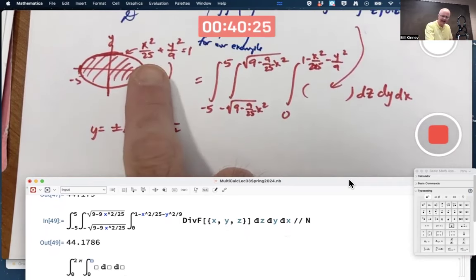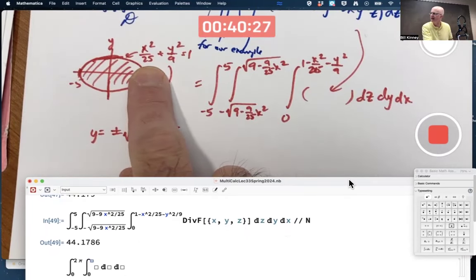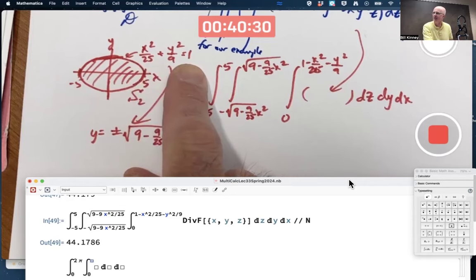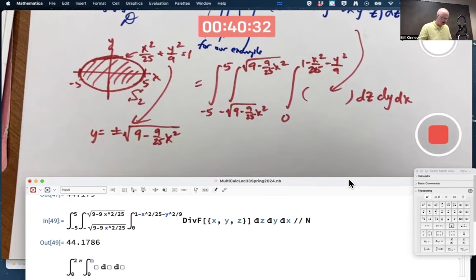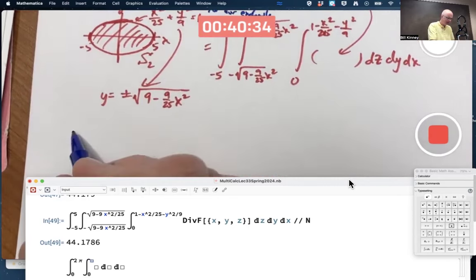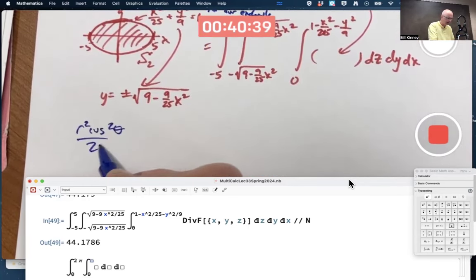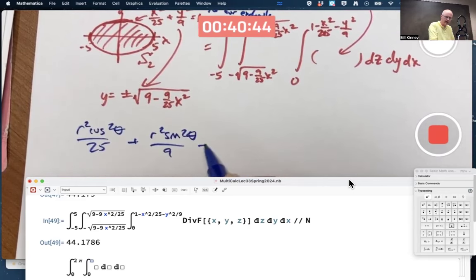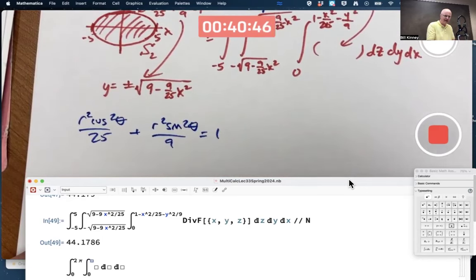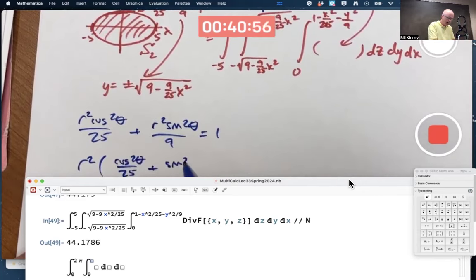I mean, I could replace in this equation x with r cos theta and y with r sine theta and see if I could solve for r. That might work. Let's give it a try. I get r squared cos squared theta over 25 plus r squared sine squared theta over 9 equaling 1. Could factor out an r squared, and you could divide both sides by that.